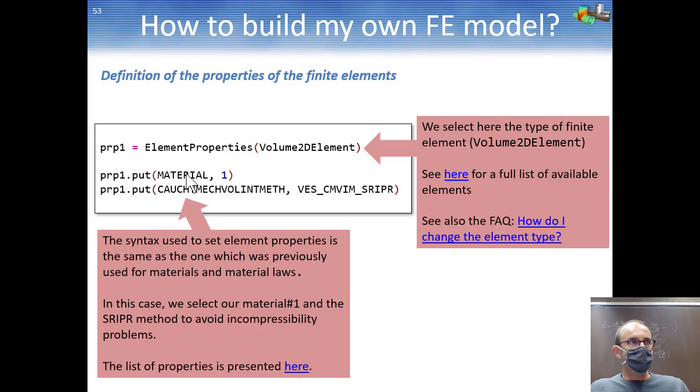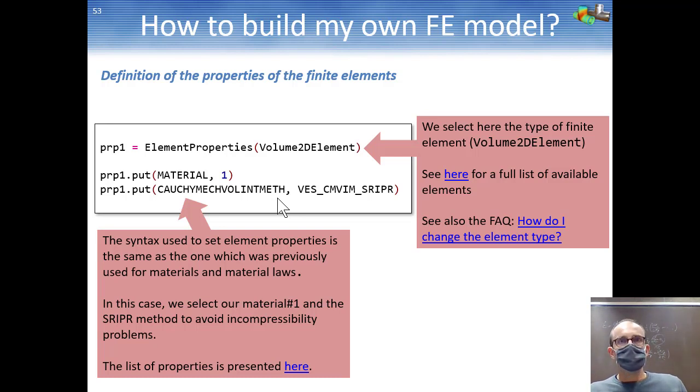So I say that my elements will have the material number 1, and I also define a way to integrate stresses. It's maybe a little bit early for the moment, but you will see later that the finite elements defined in the large deformation theory have several problems.